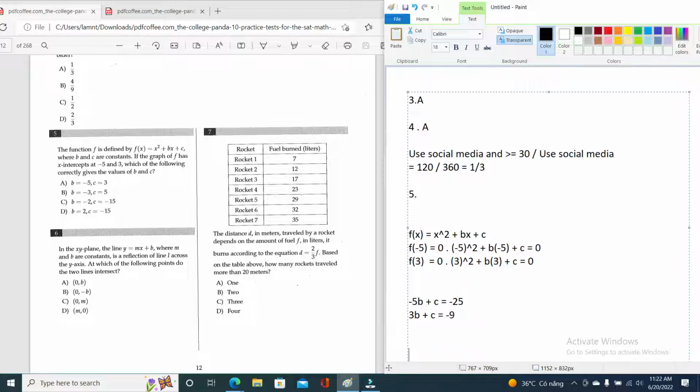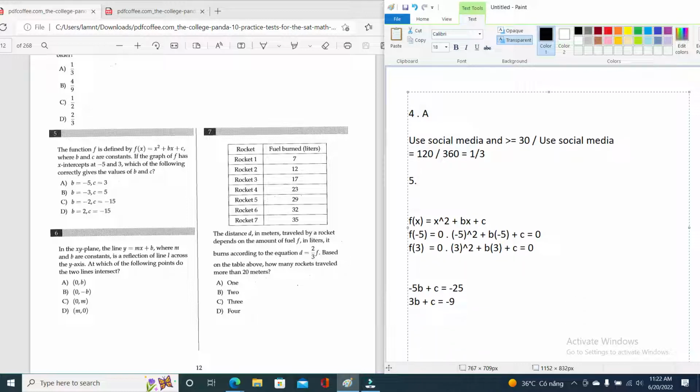Alright, so if we subtract both equations, then we have 8b equal to 16, so b equal to 2.